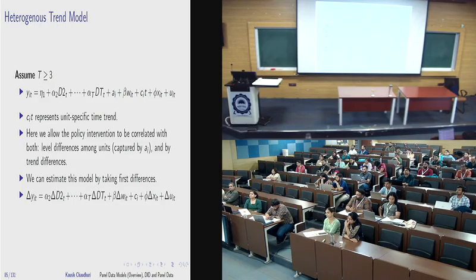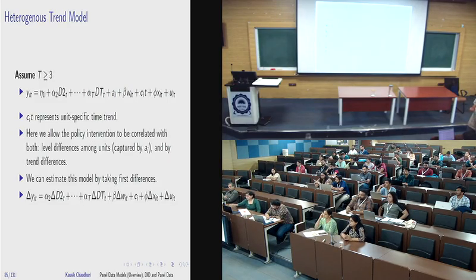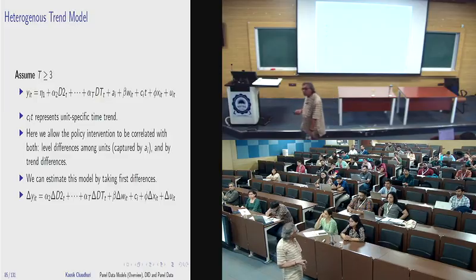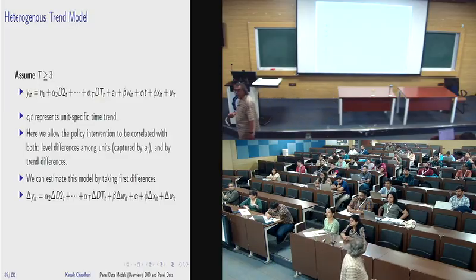What I can do in this model is take the first difference of it. Note that CIT, or Ci times t, becomes something like a constant, which is nothing but an individual fixed effect, because what you have in time period t is Ci t, and in the previous time period is Ci times t minus 1. Ci t minus Ci times t minus 1, the Ci t cancels, and you end up with Ci.